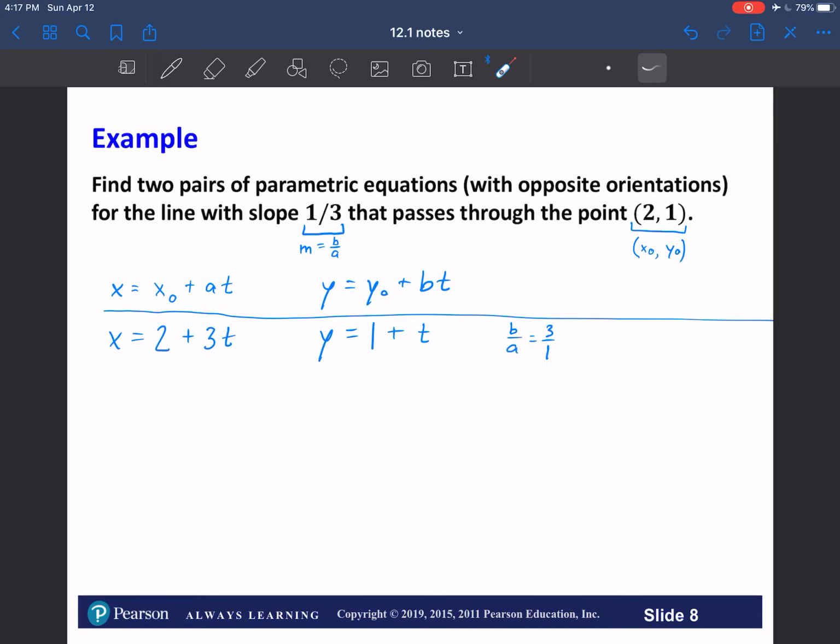Similarly, y is an increasing function of t, so this function, which goes through the point 2, 1, let's say it's right there, and it has a slope of 1/3, so perhaps it's a really shallow function, looks something like that maybe. Then, since this is increasing in both x and y, we can write that the arrows go like this. Alright, let's try another example.